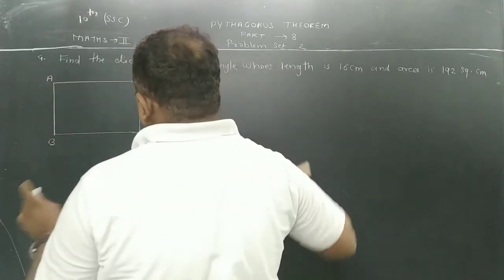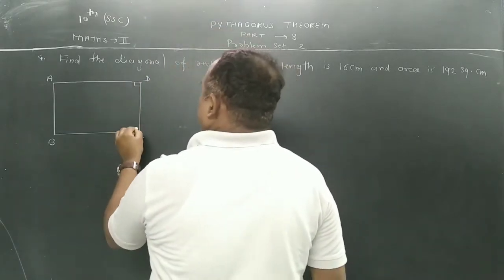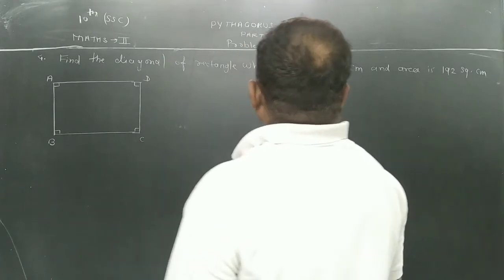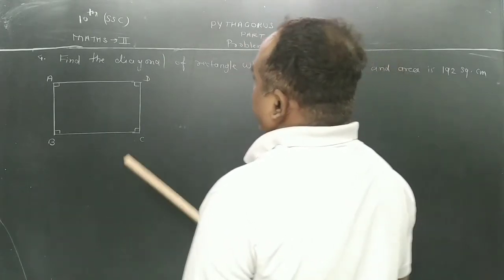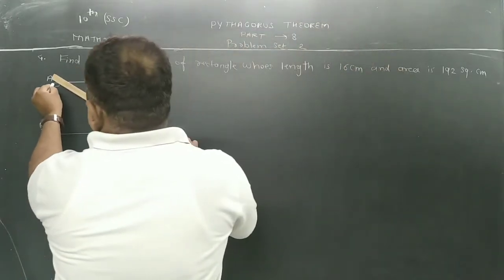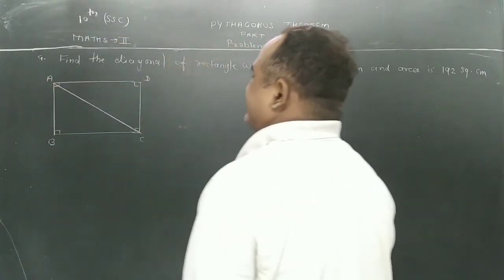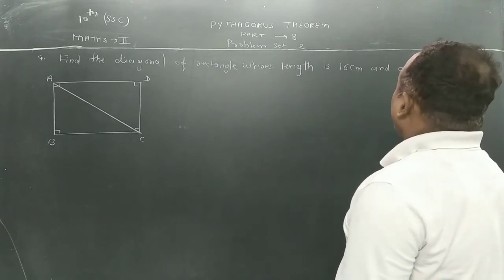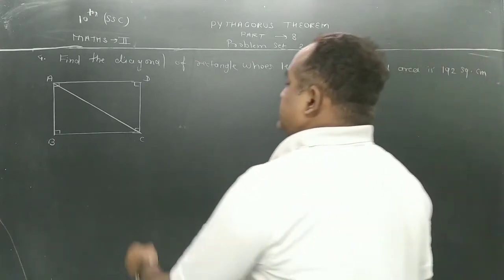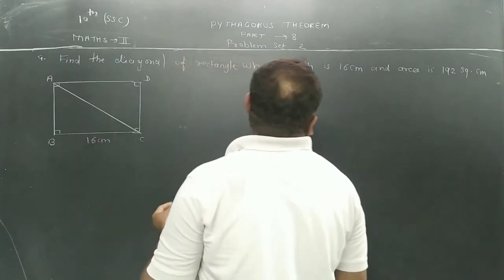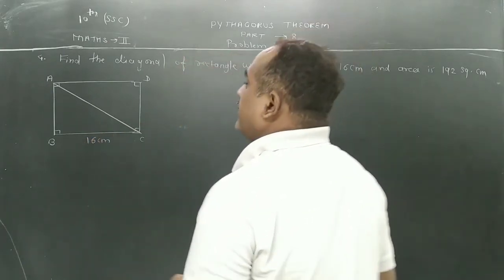Correct? You must know all the properties of rectangle. All angles are of 90 degree, and they are asked to find out the diagonal. So we'll draw diagonal AC. AC and BD will be equal as the diagonals are congruent. Length is 16 centimeter, and they have given you area.